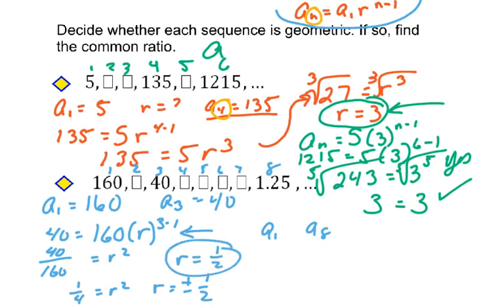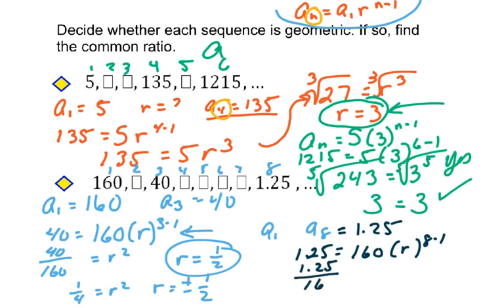And so let's just double check with another term, the a sub 8 term, which we know is 1.25. So if we say that 1.25 is equal to 160 times r to the 8 minus 1 power. I'm just going to leave the decimal in the fraction for right now. And then remember, r is 1/2, so I'm going to plug the 1/2 in here to the 7th power.